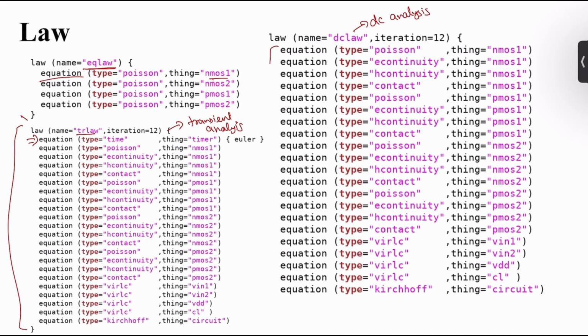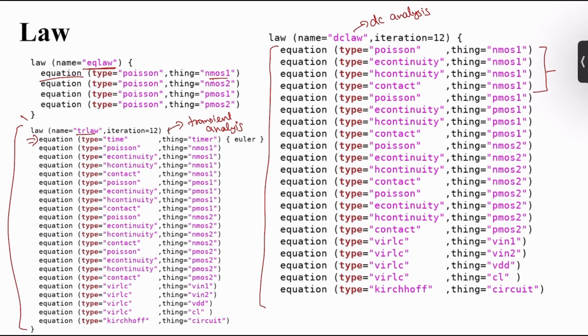Every other equation is the same: Poisson, E continuity, H continuity, contact. These are repeated for every NMOS and PMOS. These are predefined equations in the G device, so we just write that type, and it will automatically compute inside the simulation.